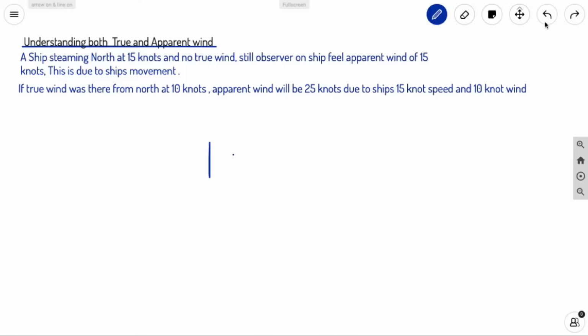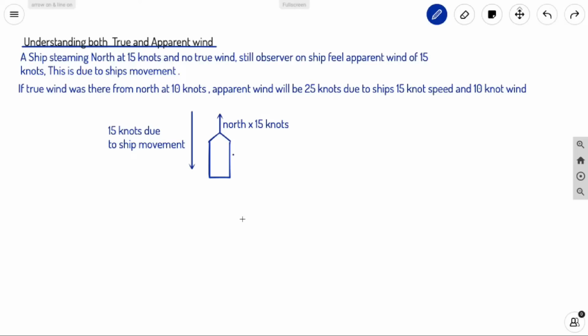So let's see an example. Suppose this is your ship proceeding on a course of north at 15 knots. And we said the ship was experiencing a wind from north. That means if a wind is named as north, it's coming from north, and it's 10 knots.